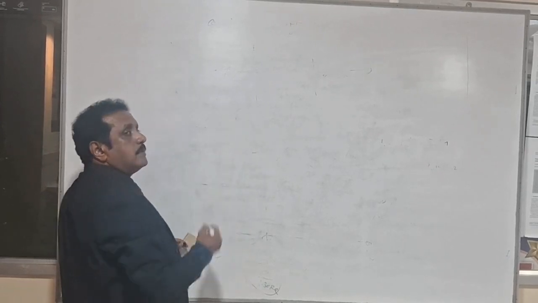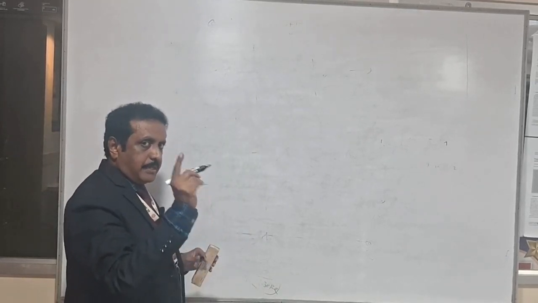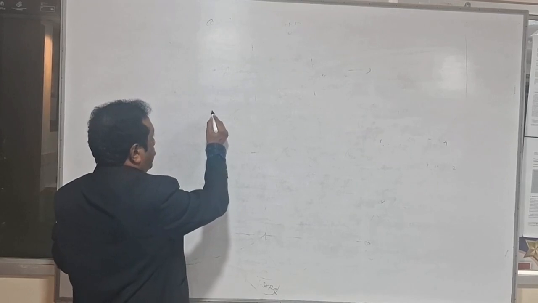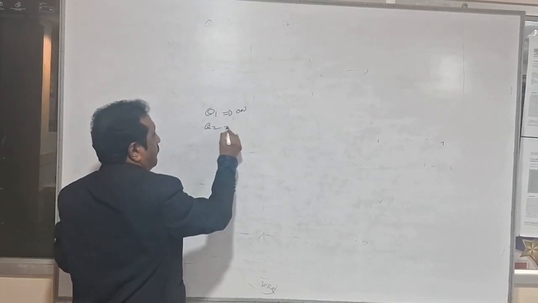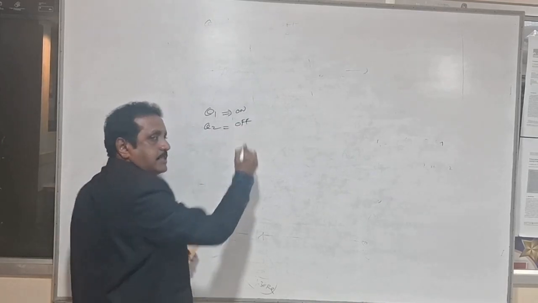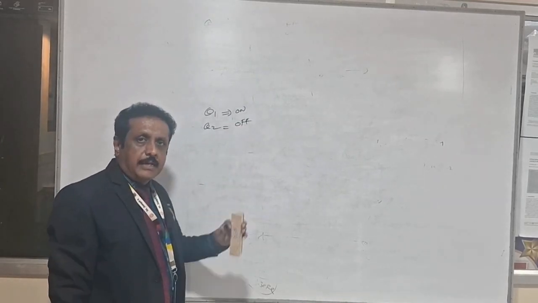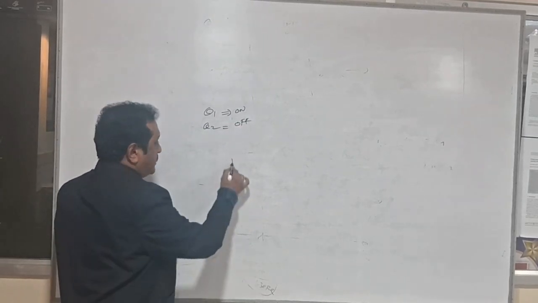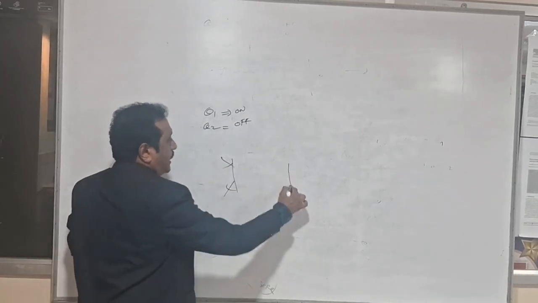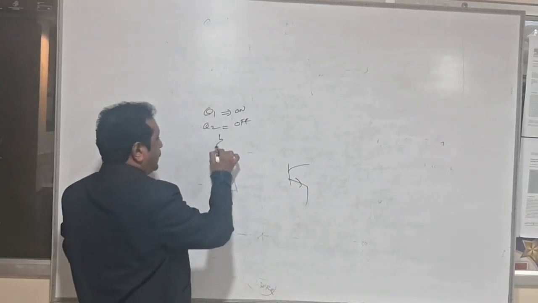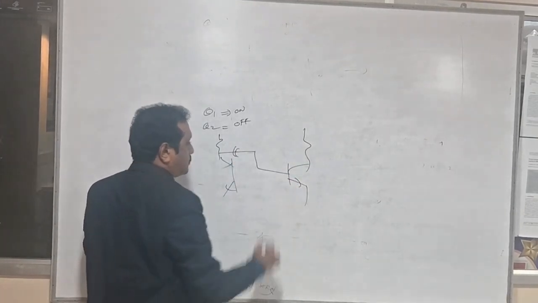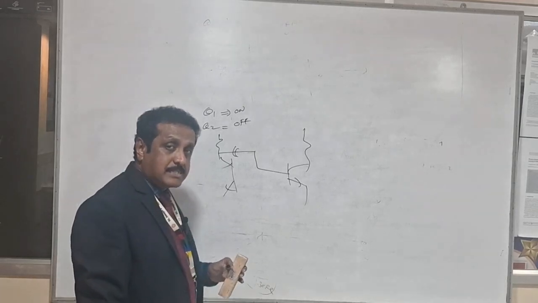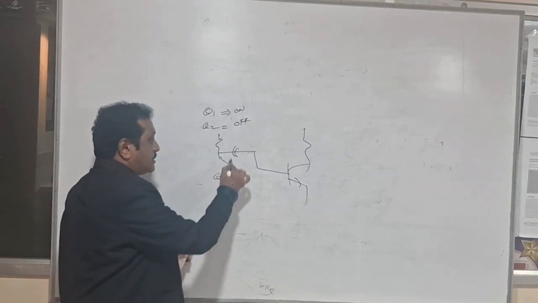When the supply is given, any one of the transistors will be driven into on state. So let us consider Q1 is on and Q2 is off. Once Q1 is on, the capacitor associated with Q1 starts charging.